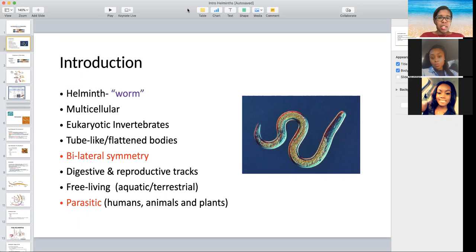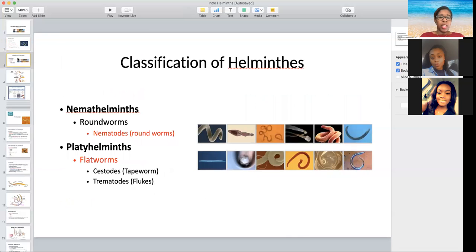Those protozoa that we talked about the last couple of weeks were characteristically different. They were also eukaryotic, but they were unicellular, and they had some other different characteristics. Here we're looking at our multicellular eukaryotic worms. There are different types of worms. We have roundworms, we have tapeworms, and we have flukes.